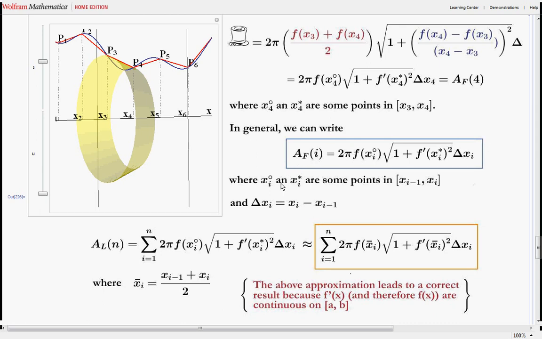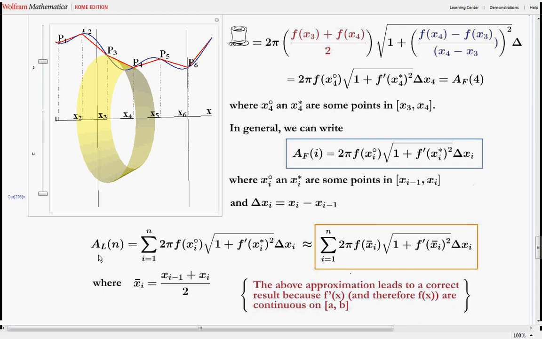One note: the interval listed here is x sub i minus 1 to x sub i, and the internal points in that interval are x sub i circle and x sub i star. And again, I denoted by delta x sub i the difference between the endpoints of that interval, or basically the length of that interval.